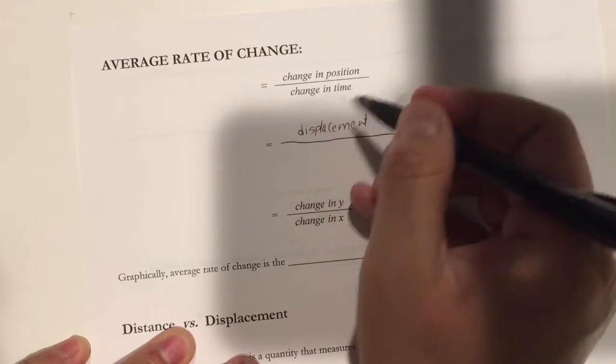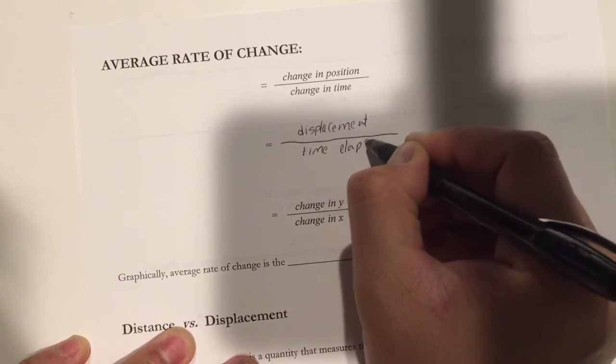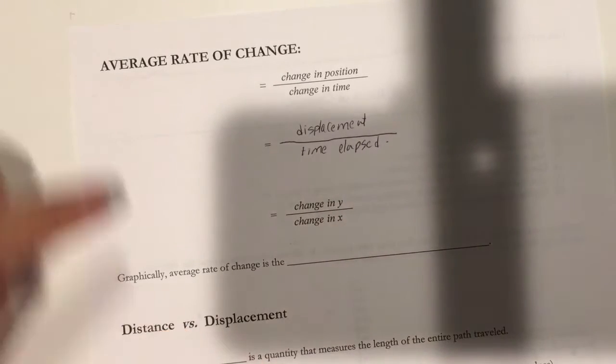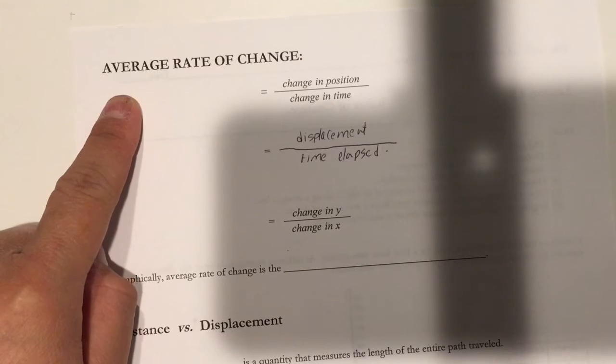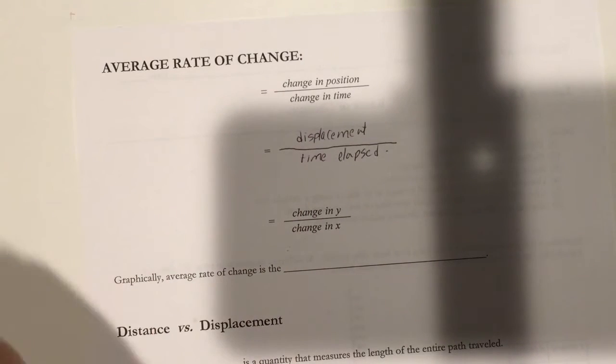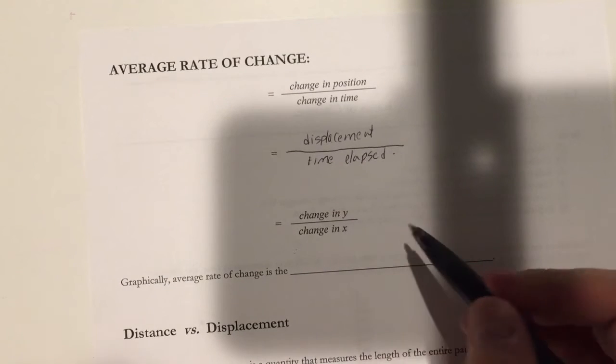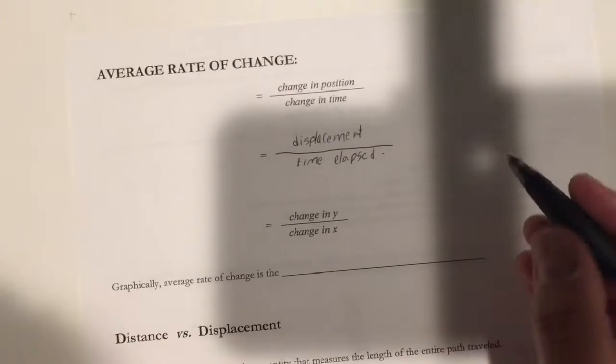Another way to say the change in time is time that has passed, so elapsed time. Okay, that's how we define the average rate of change. Displacement divided by the time elapsed. We can also say it as the change in y over the change in x.